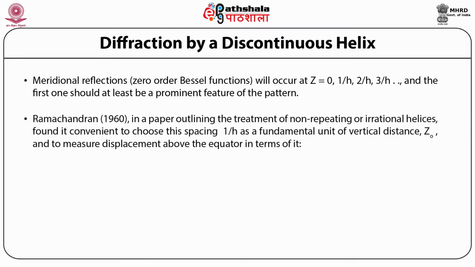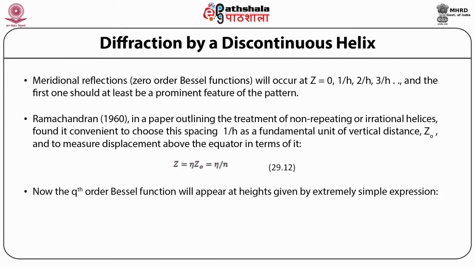Ramachandran in 1960, in a paper outlining the treatment of non-repeating or irrational helices, found it convenient to choose this spacing 1 over h as a fundamental unit of vertical distance, capital Z0, and to measure the displacement above the equator in terms of it, capital Z equal to eta times Z0, which is equal to eta over h.